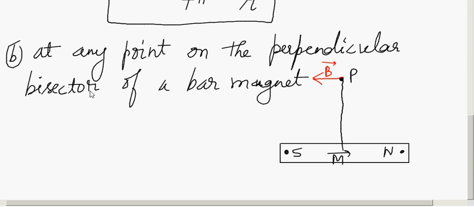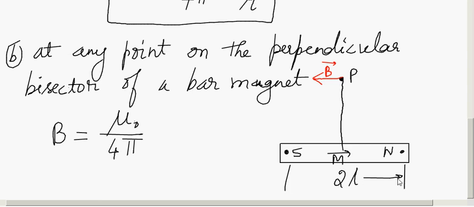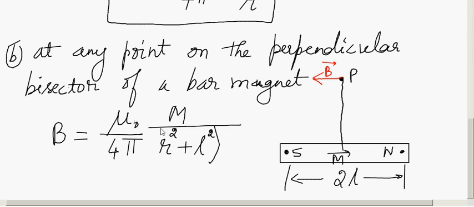At any point on the perpendicular bisector of a bar magnet, the value of B is given by mu naught by 4 pi, and let us say the magnetic length is 2L itself, into m divided by (r square plus L square) to the power 3 by 2.